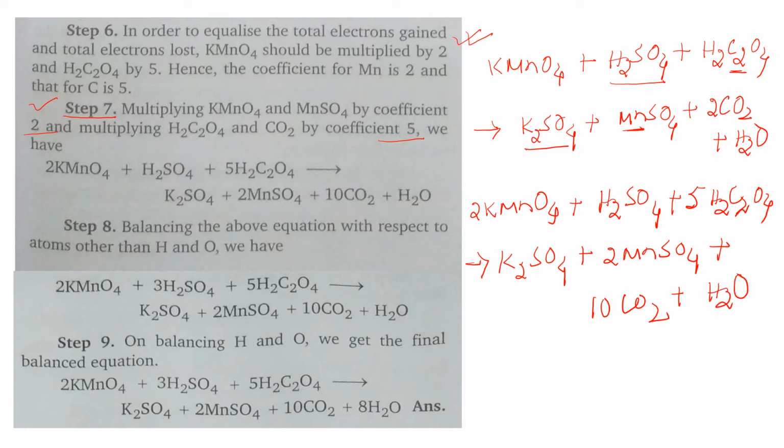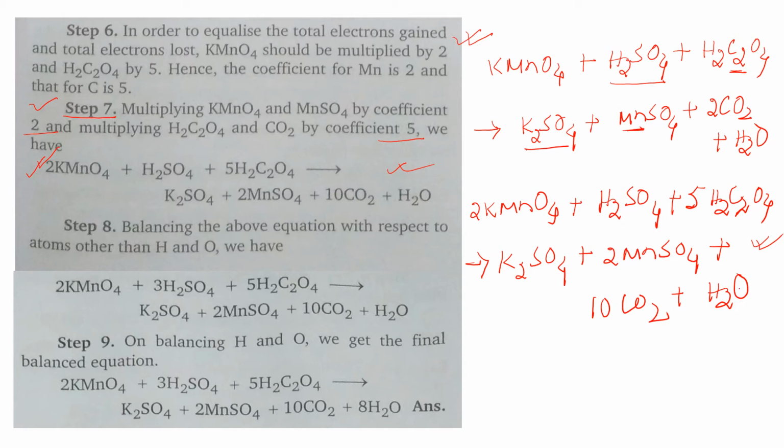Now see, this is my step number 7. 2 KMnO4 plus H2SO4 plus 5 H2C2O4 is giving you K2SO4 plus 2 MnSO4 plus 10 CO2 plus H2O.